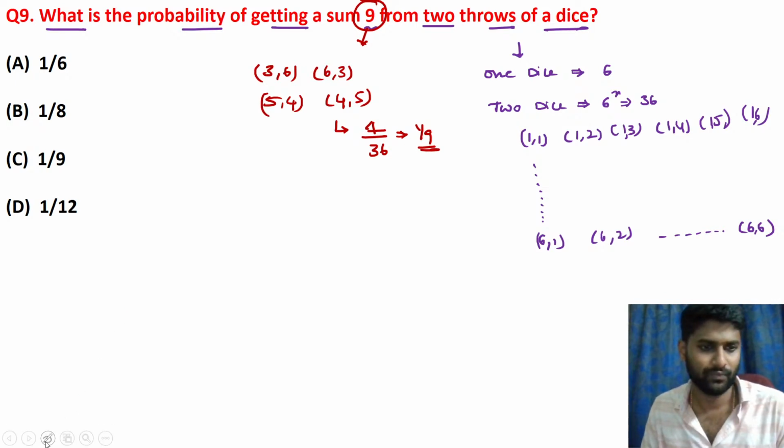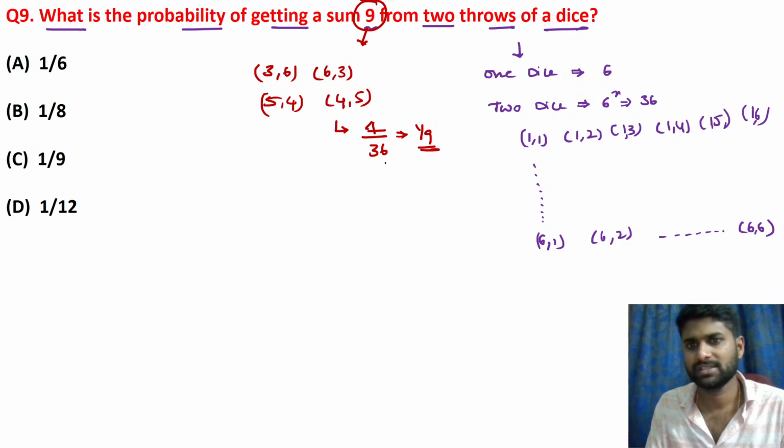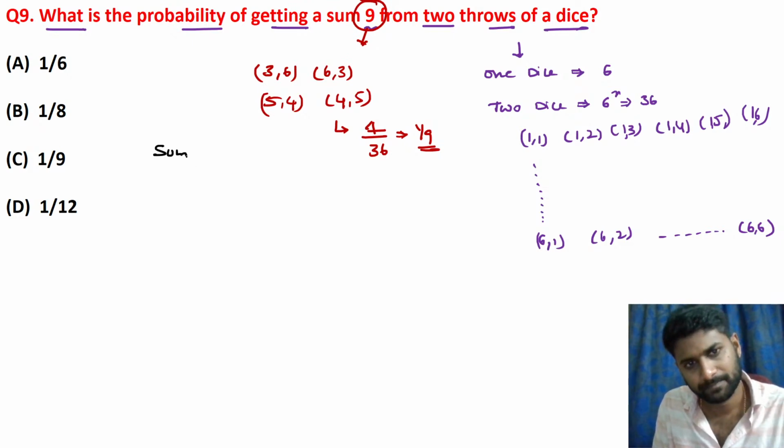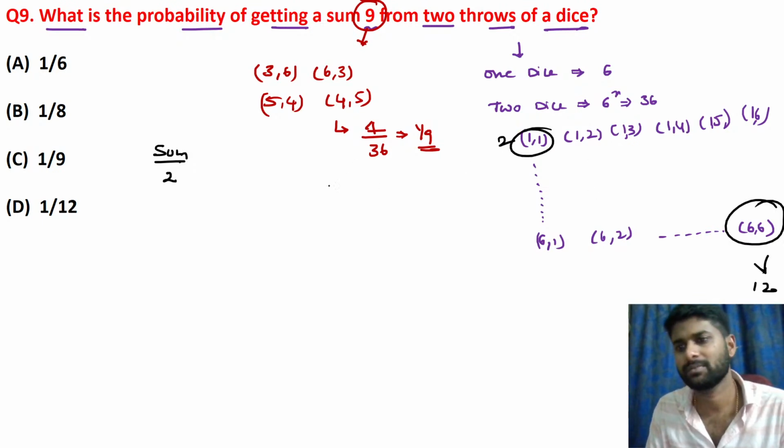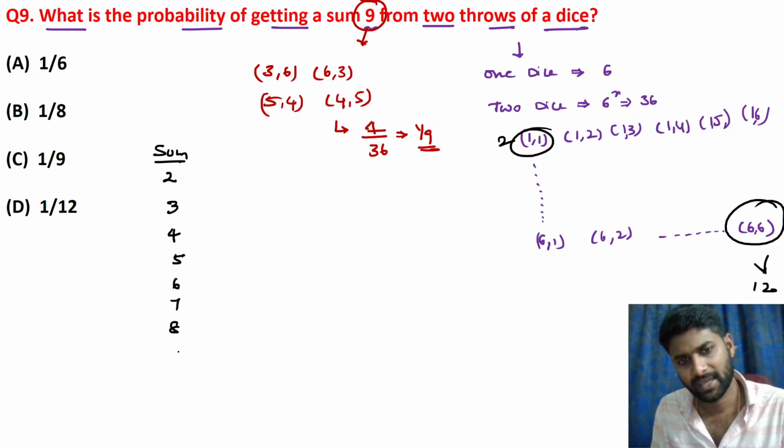But I will tell you one point here. If you observe carefully, if you are throwing 2 dice, the minimum sum you can get is 2, and the maximum sum you can get is 12. Minimum sum is 2, maximum is 12, which means you can expect 3 as a sum, 4, 5, 6, 7, 8, 9, 10, 11, 12. All these cases are possible.